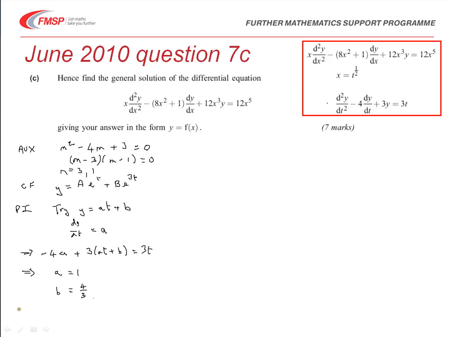So to get our general solution from that, we know it's going to be of the form y equals our complementary function a e to the t plus b e to the 3t plus at plus b.